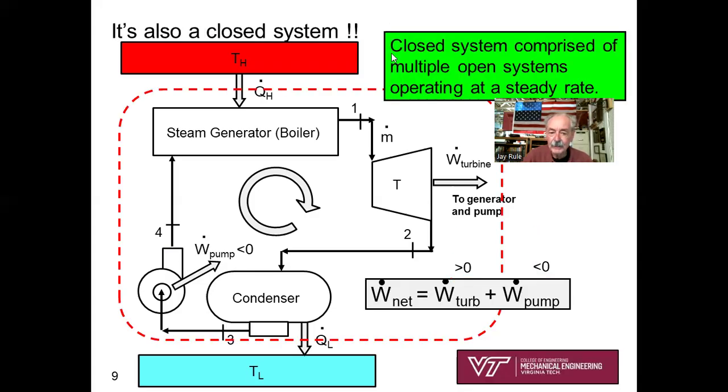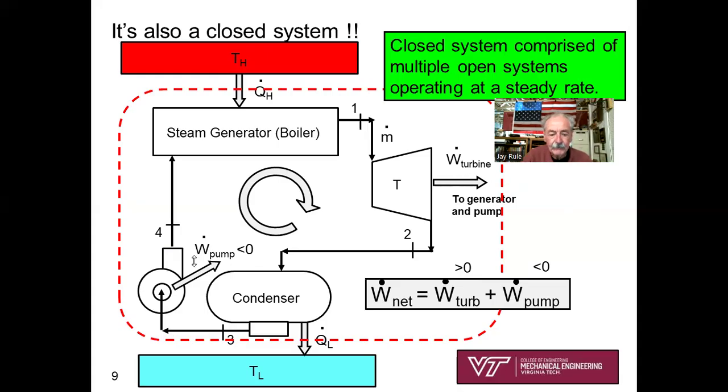Another thing, this is a little bit of a review, but recognize that what we've created is a closed system operating at a steady rate. That's kind of an important thing to recognize. I've drawn my control surface around all my pieces of equipment. So what have I got passing through the control surface? I've got Q dot H coming in. I've got Q dot L leaving. On my sketch, I probably should have pulled that dashed line a little bit more to the left.